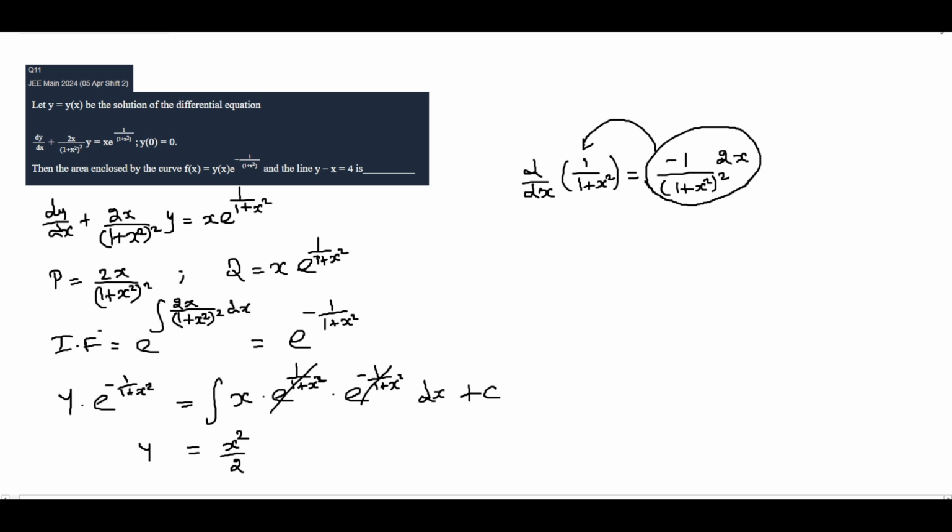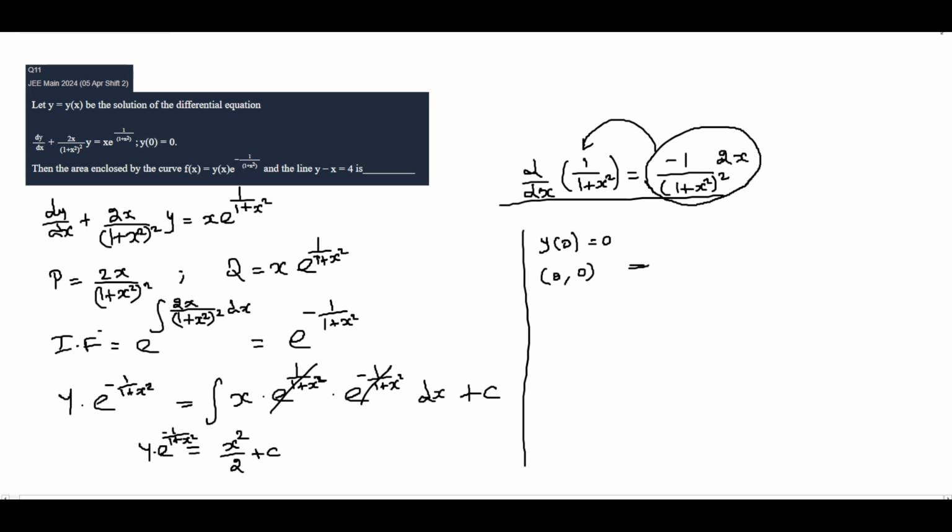So y into e power minus 1 by 1 plus x square equals x square by 2 plus c. Now the given condition is y of 0 equal to 0, which means (0, 0) is the point.